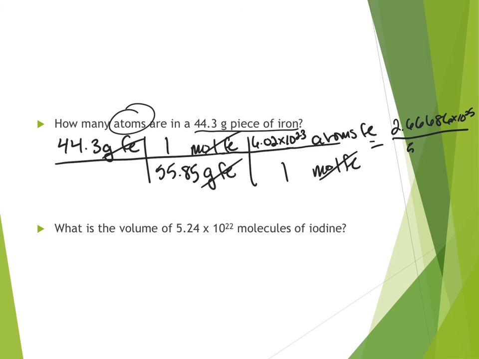Multiply everything on the bottom together, and then divide those two numbers. Okay, my calculator is not working very nicely right now.